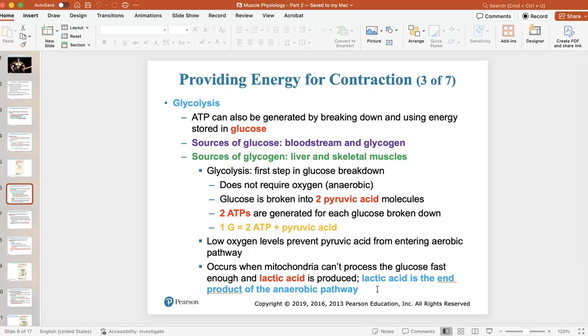Again, we take one molecule of glucose, and out of it, we get 2 ATP and pyruvic acid. And if the conditions are anaerobic in nature, the pyruvic acid will continue in the anaerobic process and become lactic acid.